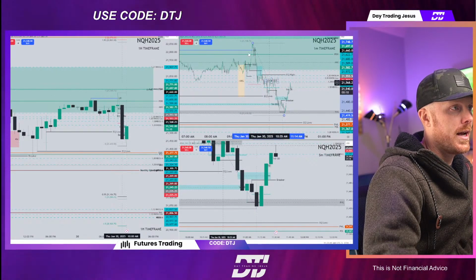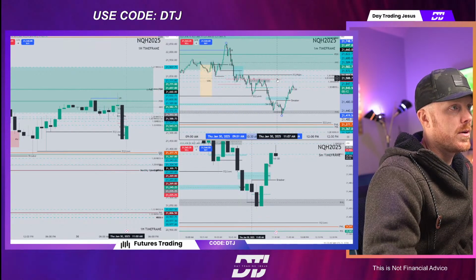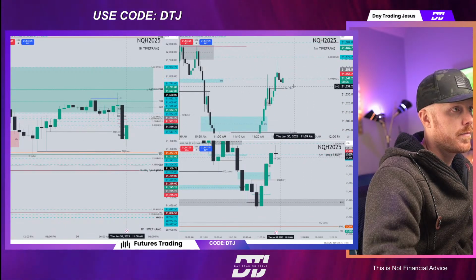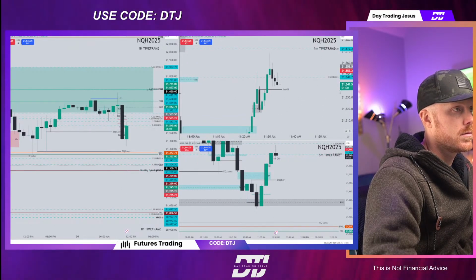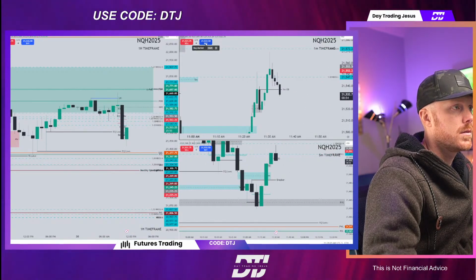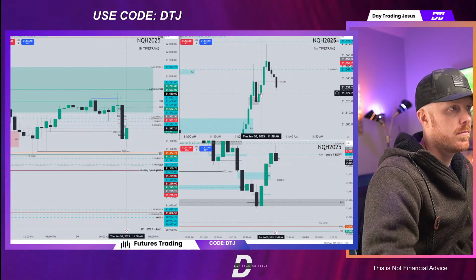From that high to that low, equilibrium is right here. So I would say it still has some upside to go. But it still hasn't gotten into my order block where I want it to go. The volume imbalance right here could be what it's reaching for.